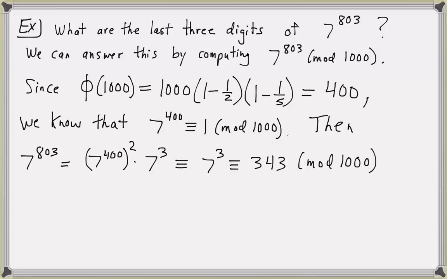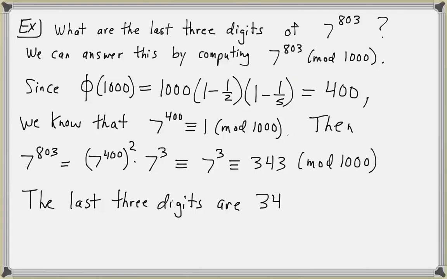Therefore, we can conclude that the last 3 digits are 3, 4, and 3. So we see that Euler's theorem and Fermat's little theorem will greatly simplify our expressions with large exponents.